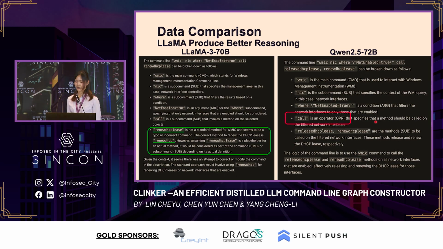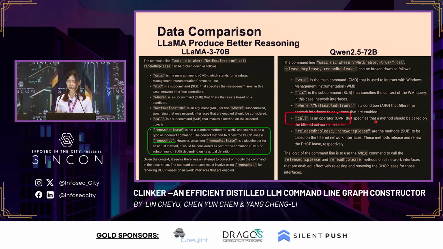Let's take a closer look at the differences between the data generated by Llama and Qwen. First, we'll examine the reasoning sections generated by both models for the same input command line. As we can observe, Llama tends to correct potential typos in the green box, which is especially helpful since the input command lines are synthesized and could contain errors.